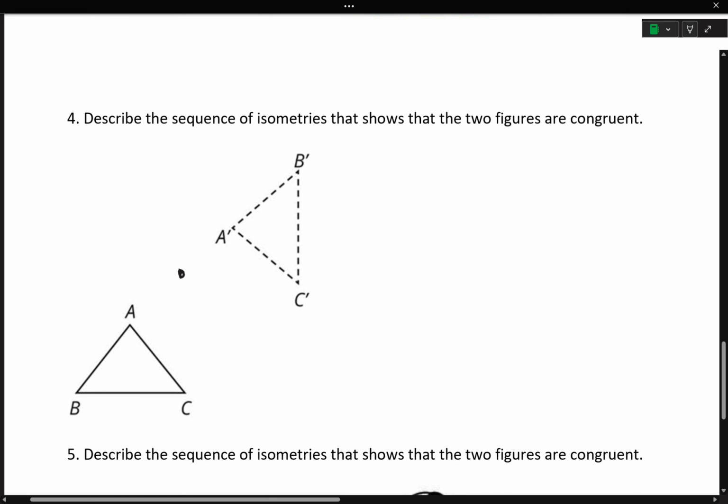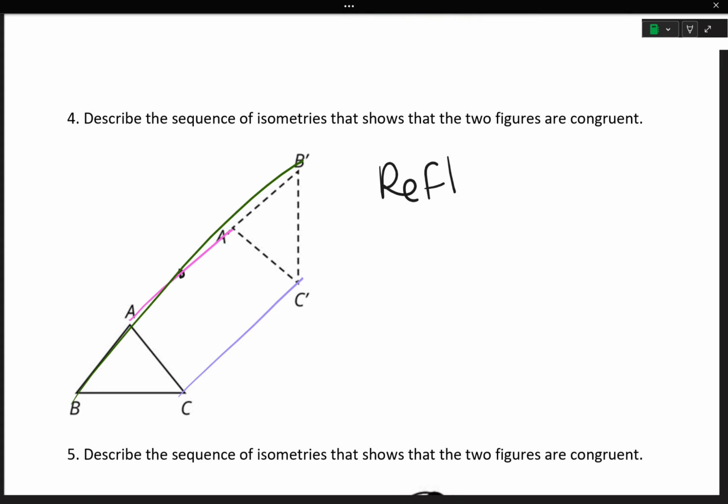Now, to me, it does look like a reflection. And it's reflected across some point in between them. I think that's it. That's all I see. I was trying to think if I can describe it in some sort of translation. Yeah, oh, I get it. I know how I can do it in 2 steps.